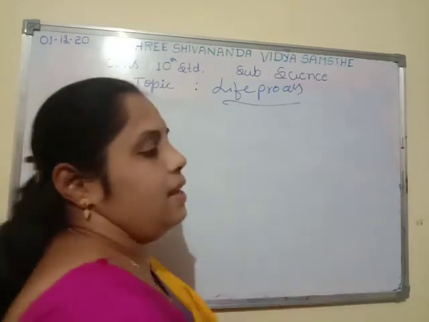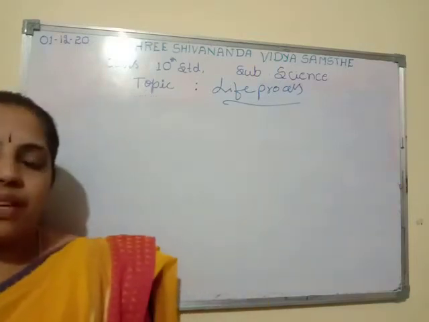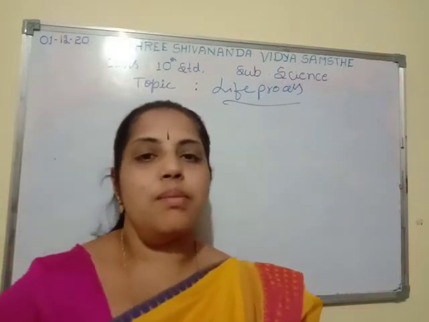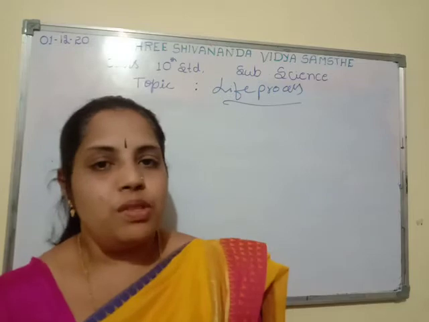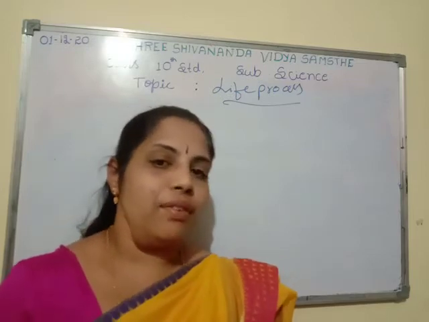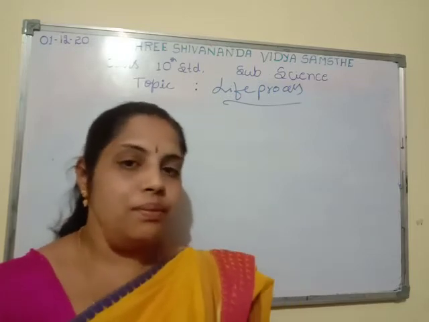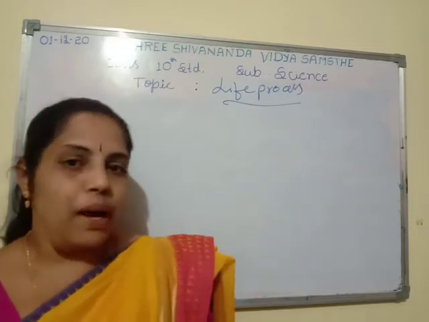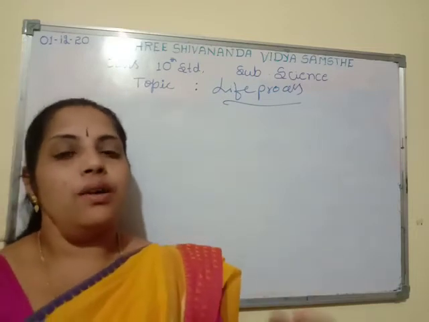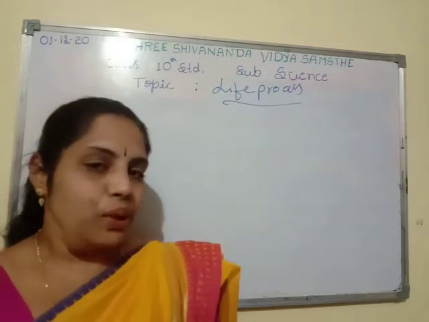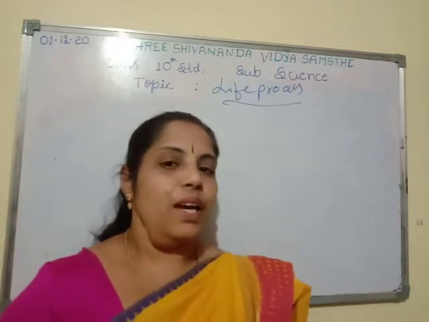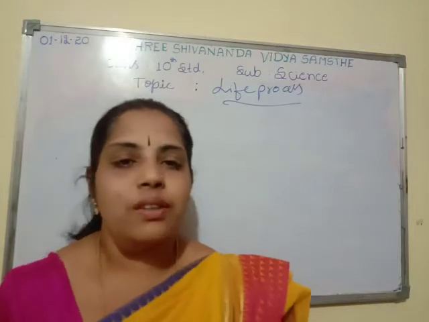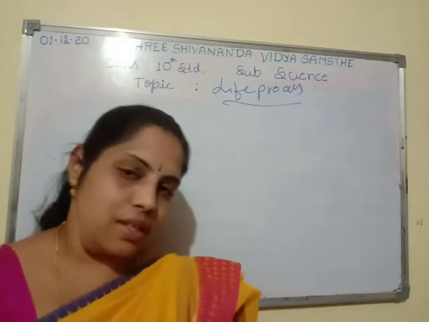Dear students, in our previous class we discussed how life processes are very important in our life, and also the types of nutrition and photosynthesis. How plants prepare their own food, their nutritive value, and the chemical reaction of photosynthesis.